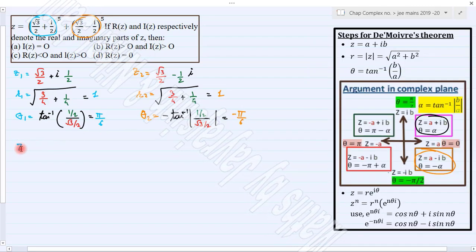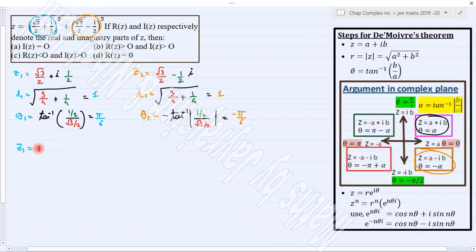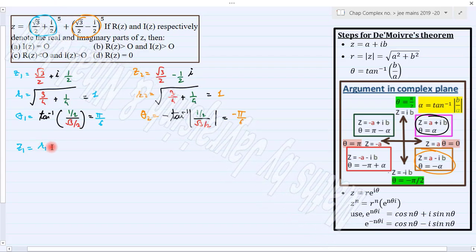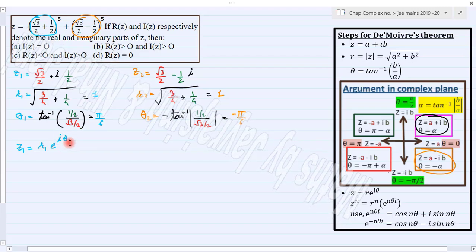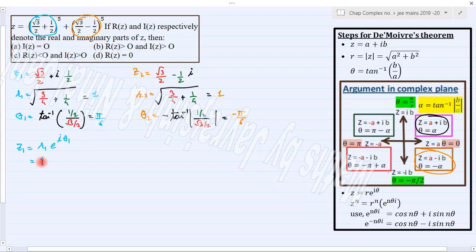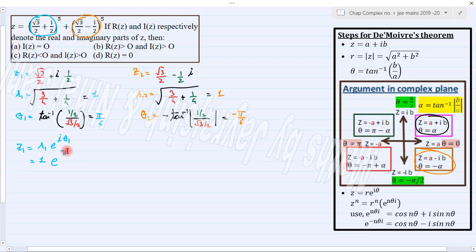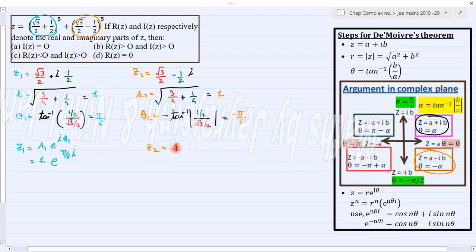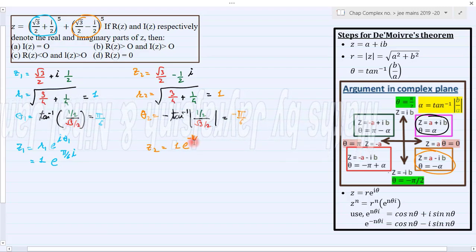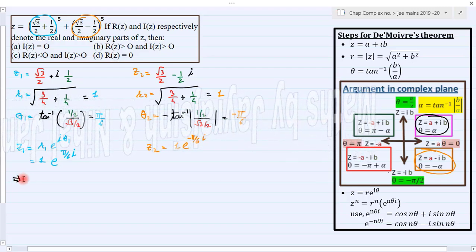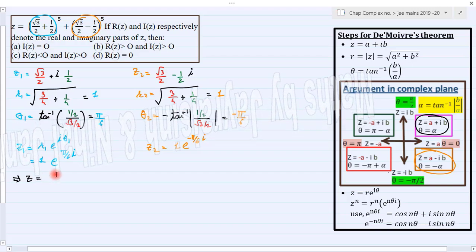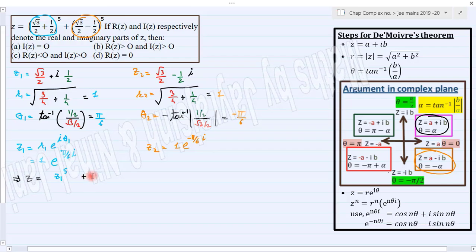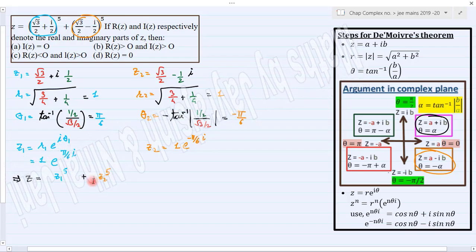So we can convert z1 into polar form, which is r1 e raised to i theta 1, or we can say 1 e raised to pi by 6i. Similarly, z2 will be 1 e raised to minus pi by 6i. Now we have to find complex number z, which is equal to z1 raised to 5 plus z2 raised to 5.